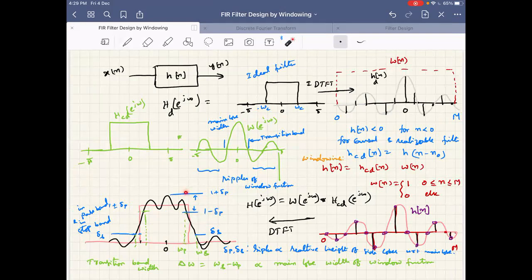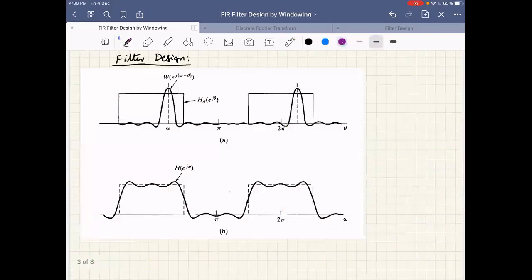Below, the frequency response having a magnitude less than delta s is referred to as the stop band. As per the definition, the pass band is the band where mod H of e power j omega is greater than or equal to 1 minus delta p, whereas the stop band is the band where mod H of e power j omega is less than or equal to delta s.